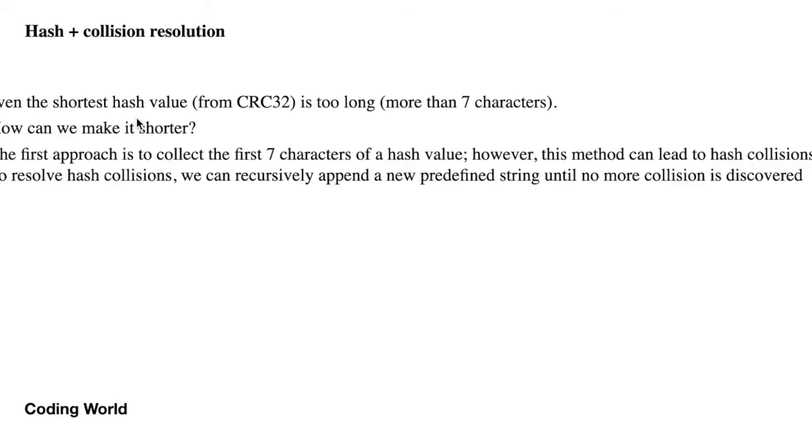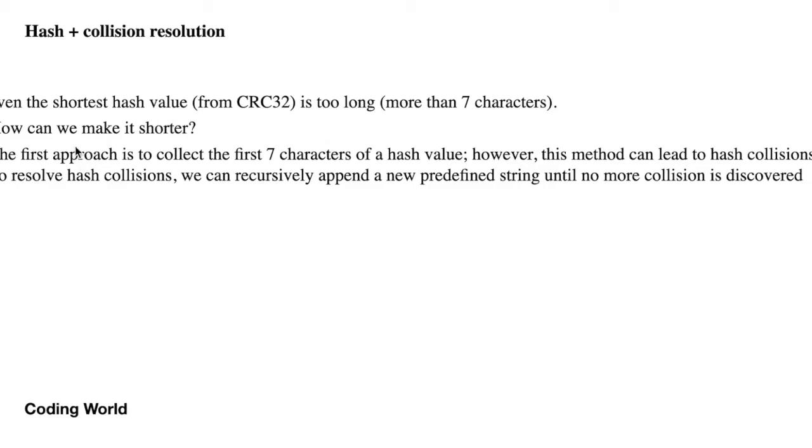But if you Google or see somewhere, these algorithms return a hash code which has a length of more than seven characters. So it will again be a long URL. You have to do some mechanism over that and find the shortest URL for that.